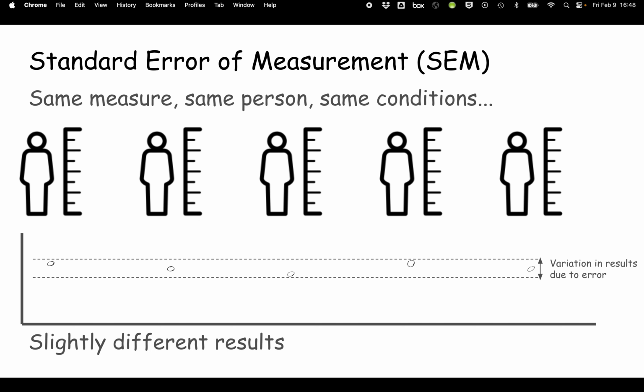If we measure the same person under the same conditions multiple times, we would expect some natural variation due to random error in those measurements. That range of errors that we get, that variation, is called the standard error of measurement.